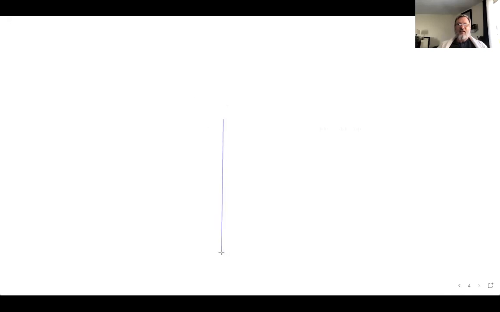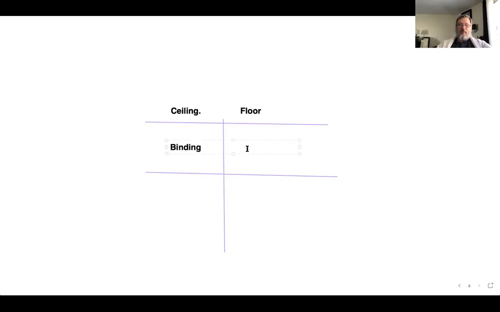You have these cases for the ceiling and the floor, and for both of them, they can be binding, or they could both be non-binding.